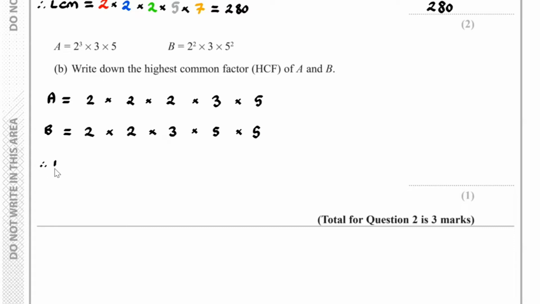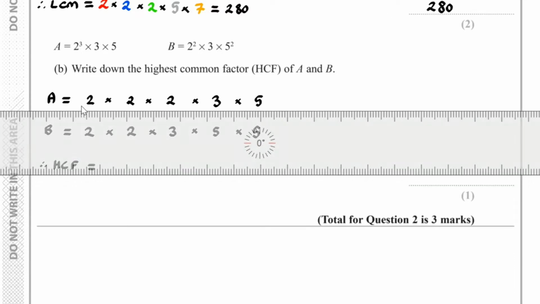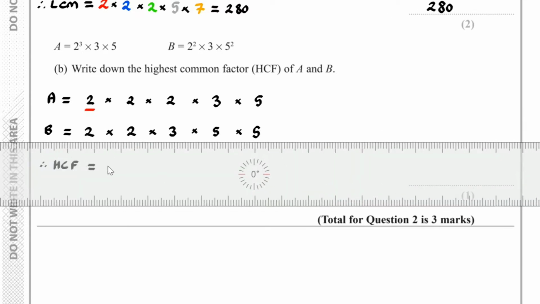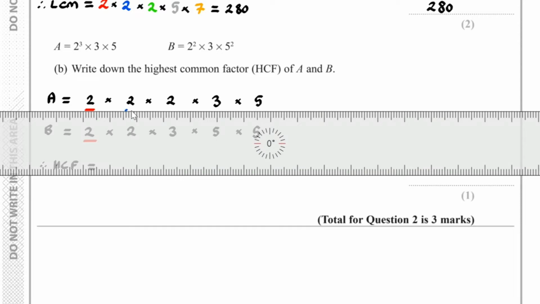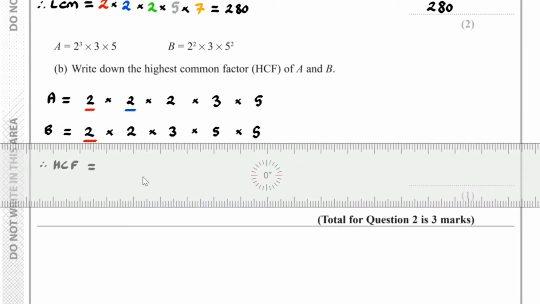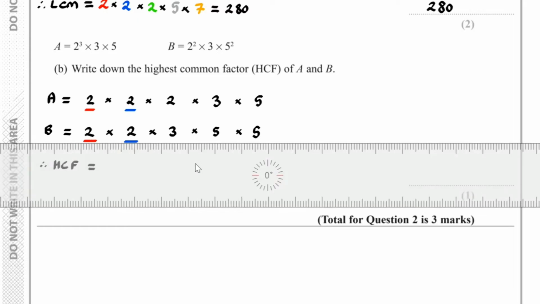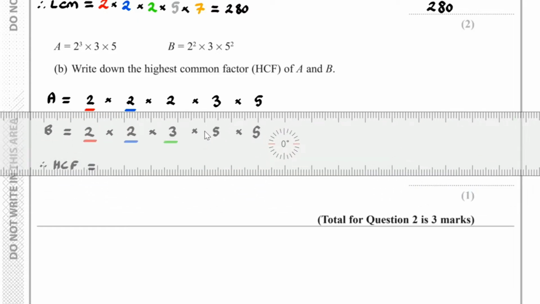So when we come to find the highest common factor, what's common to both is the 2. What also is common to both is this 2. And what else is common is the 3.